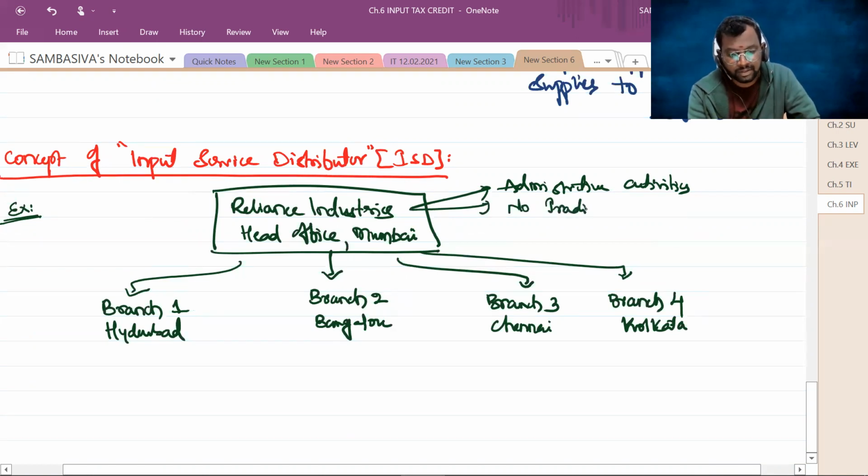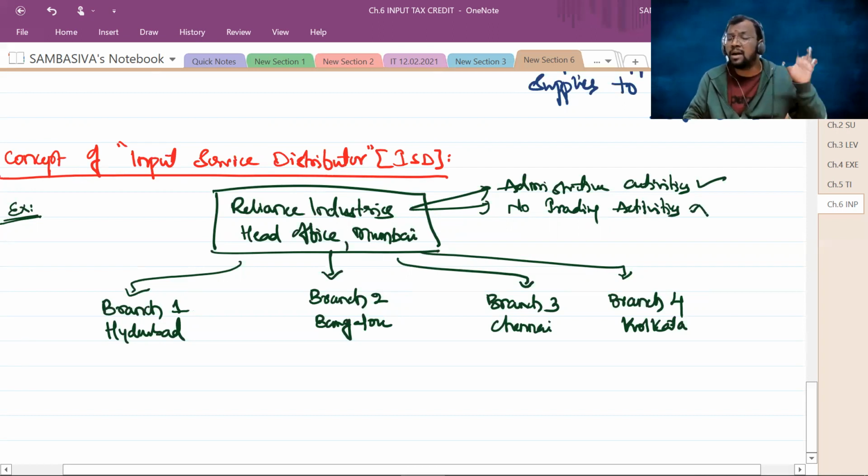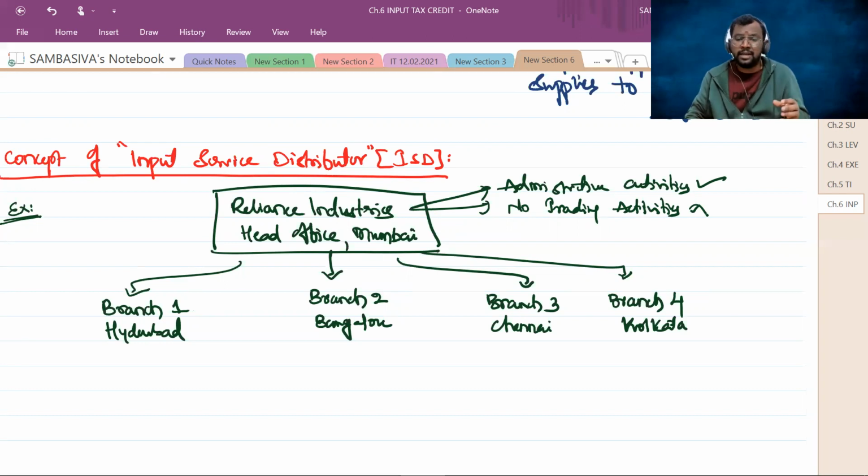No trading activities will be undertaken by the head office. All the trading activities happen in the branches. Buying and selling of goods happens in the branches only. In the head office, only administrative activities happen; trading activities do not. Clear?